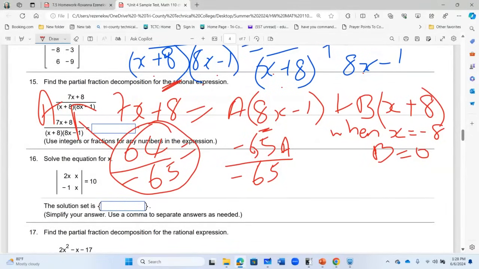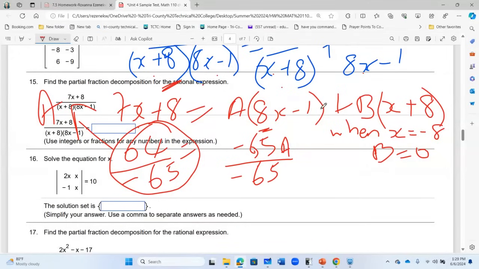Now when I want to find the value of B, what can I do to get A to be 0? What I can do is solve 8x minus 1 equal to 0.